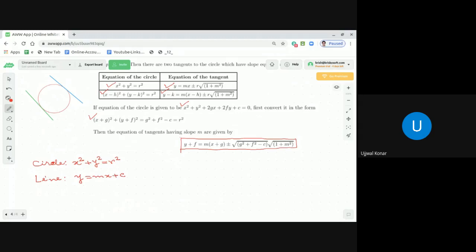Now that line can either be a tangent to the circle or not. For that line to qualify as a tangent to the circle, what condition has to be satisfied?